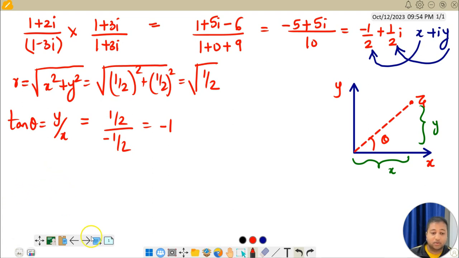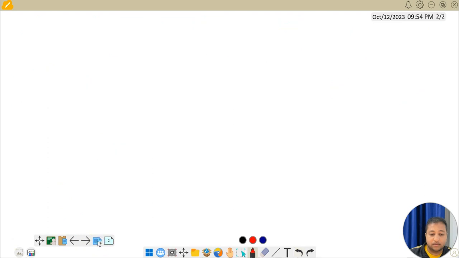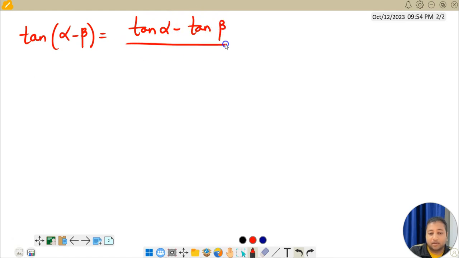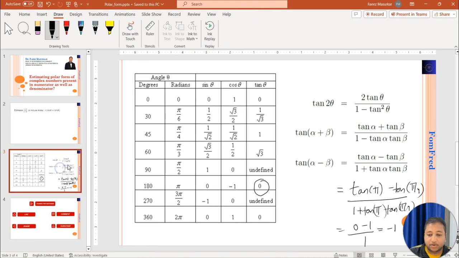the identity for tan. That identity says tan of (alpha minus beta) is equal to (tan alpha minus tan beta) upon (1 plus tan alpha tan beta). This identity I have also shown in this particular slide.